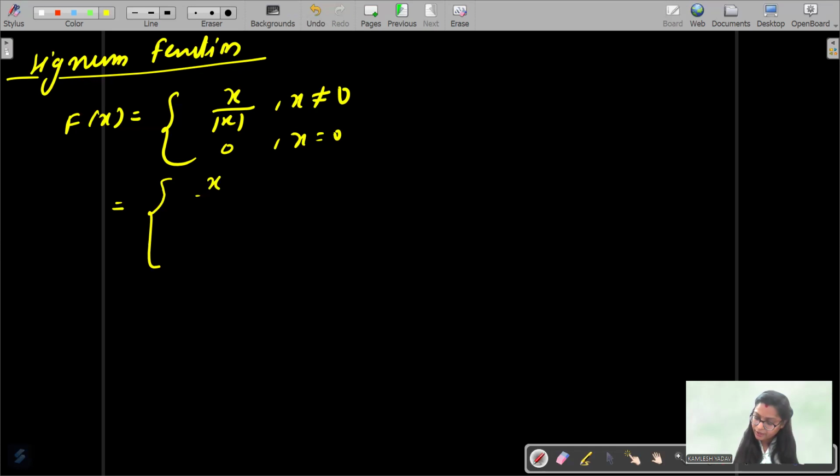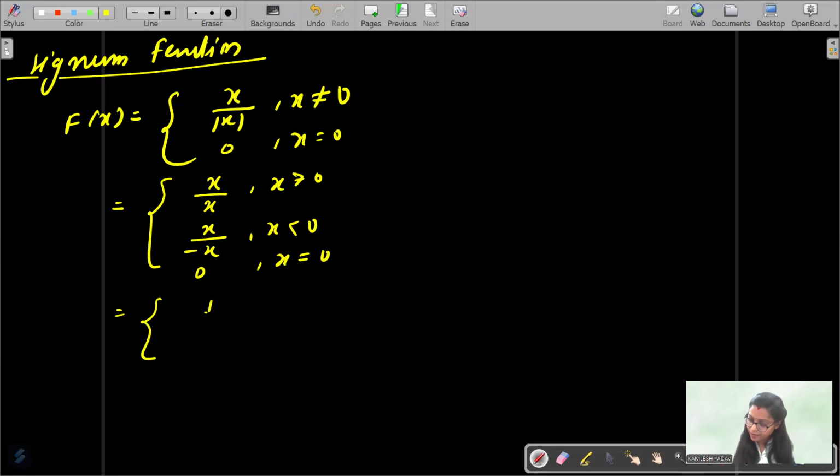So here we write |x|: first we write x/x when x > 0, x/(-x) when x < 0, and 0 when x = 0. Then solving this, we have 1 if x > 0, -1 if x < 0, and 0 when x = 0.